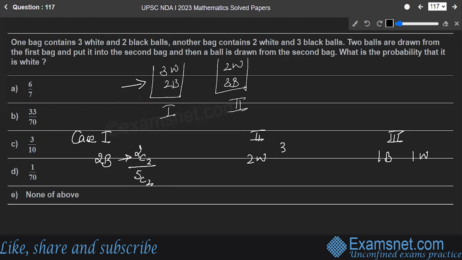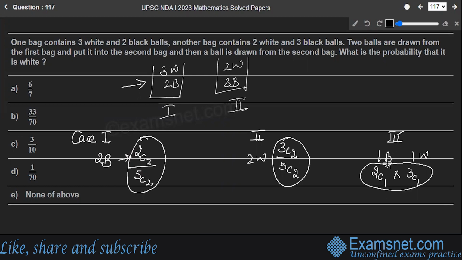This will be given by 3C2 upon 5C2. And one black and one white, how can these be drawn? There are two black, so this will be 2C1, and 3 white, so multiply 3C1. These are the ways in which two black balls, two white balls, one black and one white ball can be drawn from the bag.